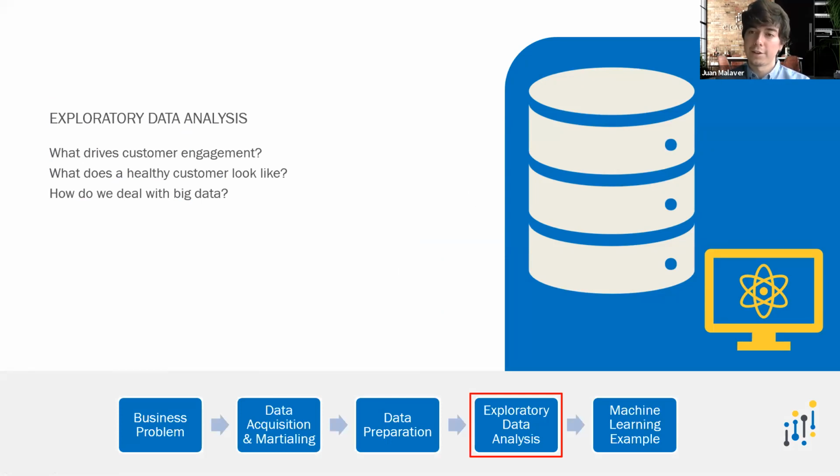What does a healthy customer look like? What is their behavior? And how do we deal with big data? We saw how we made all of these aggregations to get a churn data set, but this data set is also big in and of itself. It's a little smaller, but it's still big. So we need to do some additional aggregations to make sure that we're generating business insights that can be interpreted business-wide.